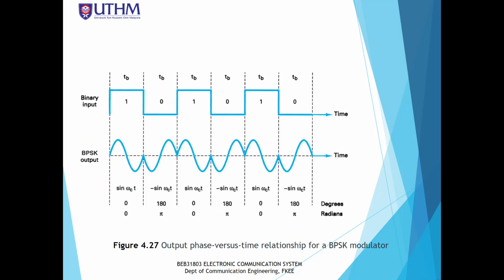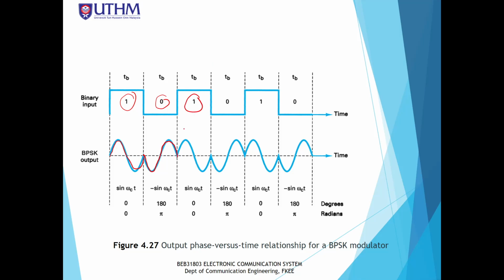This is the waveform of PSK. Remember, in PSK we have a sine wave or a negative sine wave. From here, if the input is logic 1, we produce a positive sine, and for input logic 0, we produce a negative sine. The negative sine starts from below, going above.